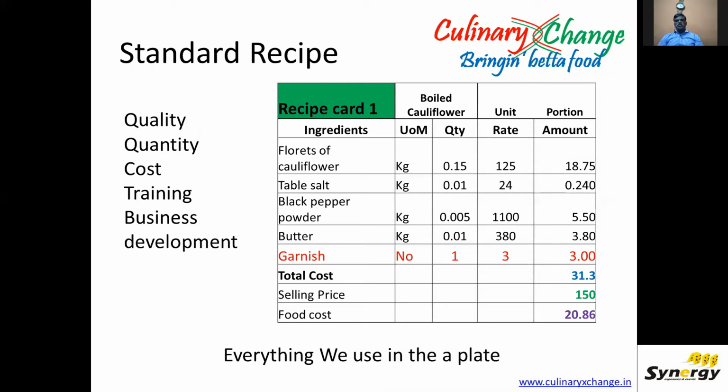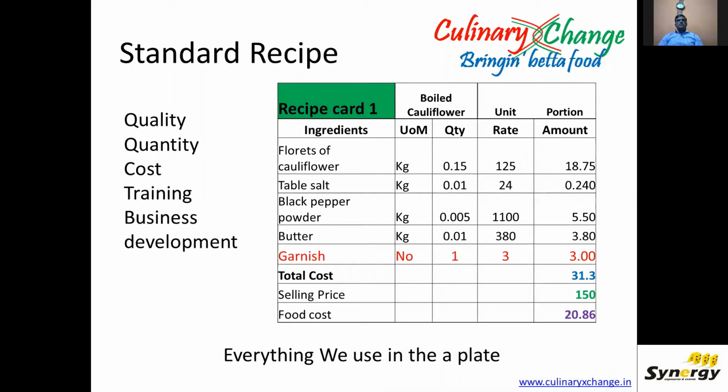Rate is here, it says 125 rupees. In the other column we have shown the amount, which is 125 into 0.15, which is 18.75. Like this we calculate all the recipe items and their actual amount.